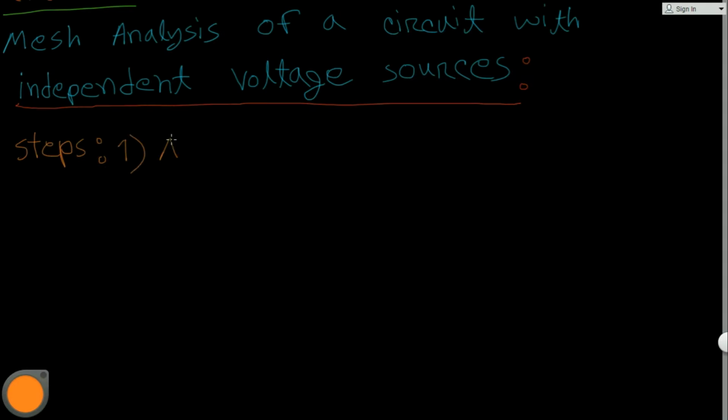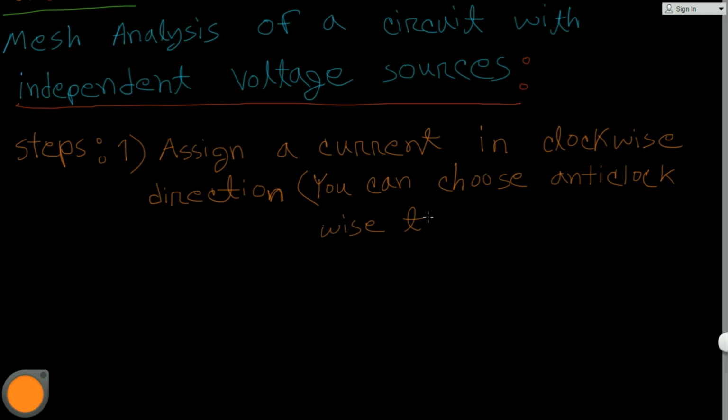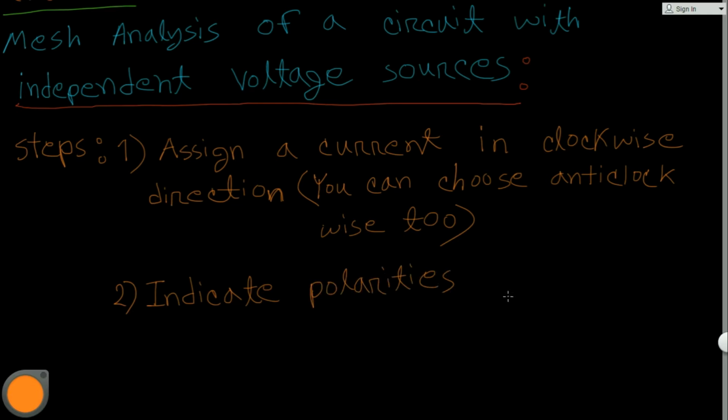1. Assign a current in clockwise direction, and you can choose anti-clockwise too. 2. Indicate polarities of impedances. Since it's an AC circuit, we have impedances here, not resistance.